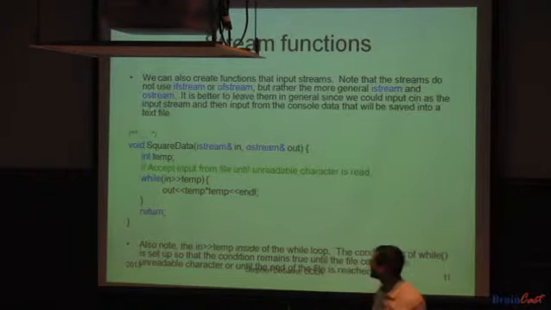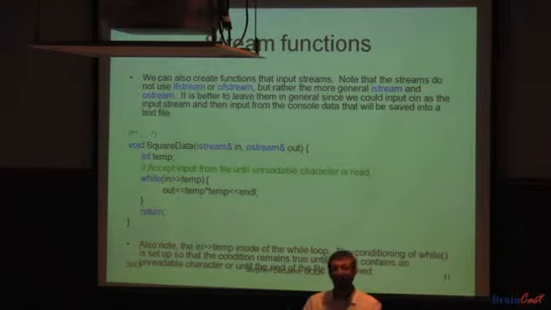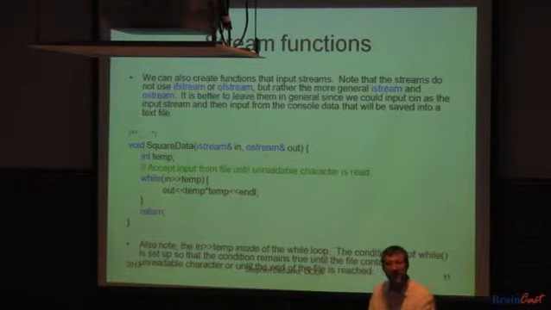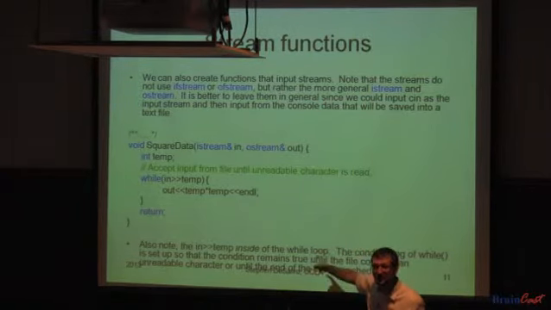So you can write a function which accepts cin or cout or an ifstream or an ofstream object. Okay? What is their data type? Their data type is precisely, well, they're all derived from the appropriate istream or ostream classes.